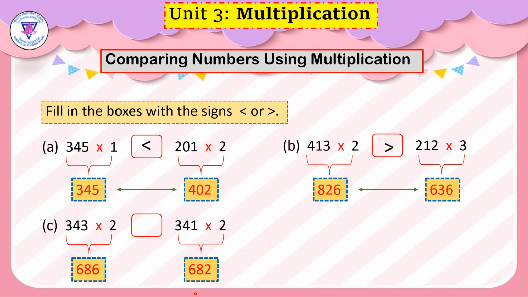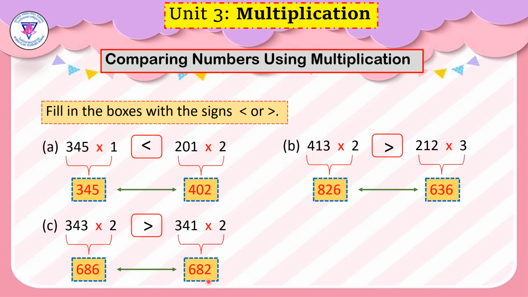And then 8 and then 8, they are also the same. And the last digit number is 6 and 2. So you need to compare 6 and 2. So what is your answer? Is it less than or greater than? Okay, so the answer is greater than. 686 is greater than 682.